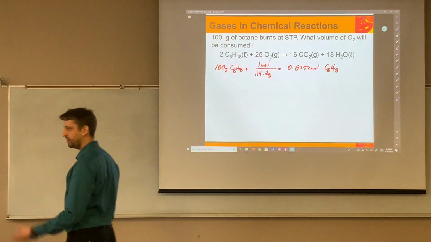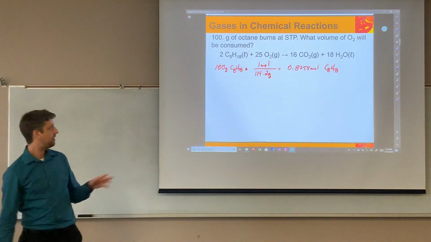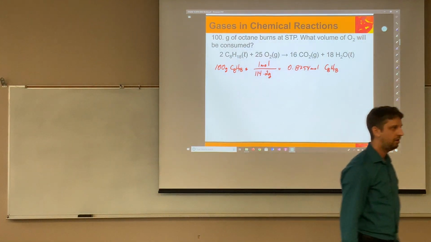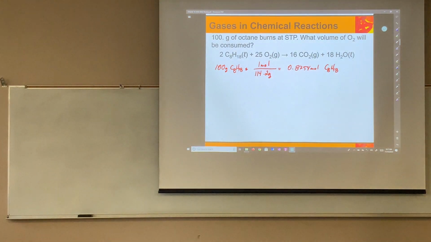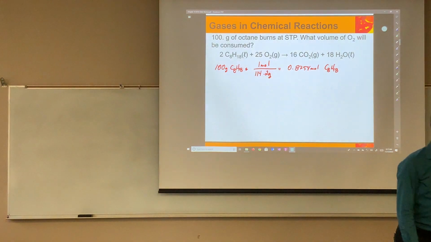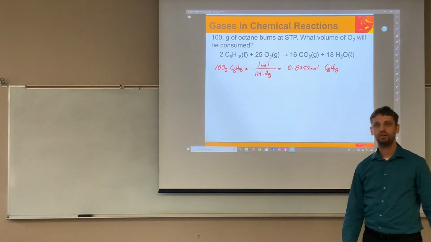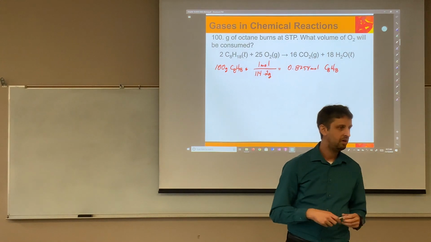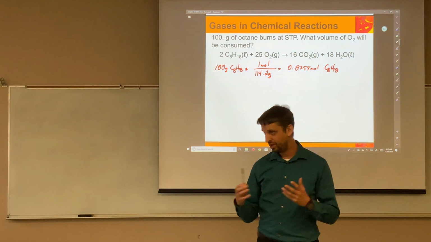Now what do we have to do? What's the question asking us to do? At the end it's saying what volume of oxygen will be consumed, right? Can we convert moles of octane into moles of oxygen? Yes, we can. How do we convert moles of one reagent into moles of another? We need to know our stoichiometry.